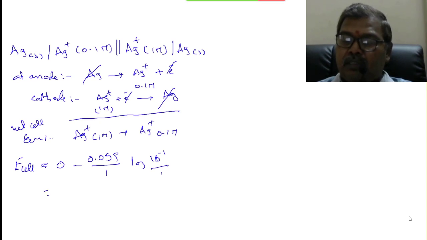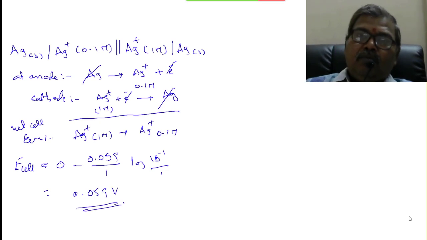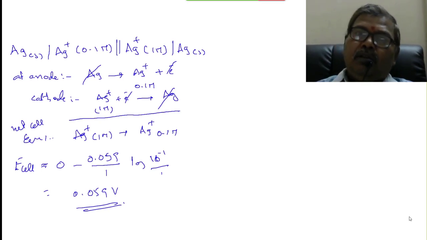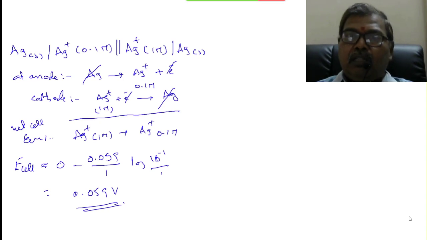So this is 0.059 volts. For any concentration cell, or for any galvanic cell, you have to follow this procedure. Always write the reaction at anode. Next, the reaction at cathode. Next, before adding those two half reactions, you have to check the number of electrons, whether they are equal or not.